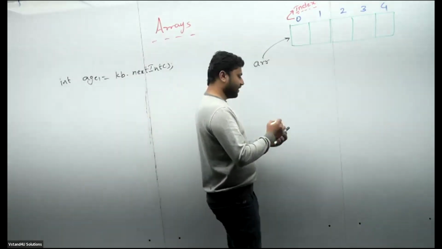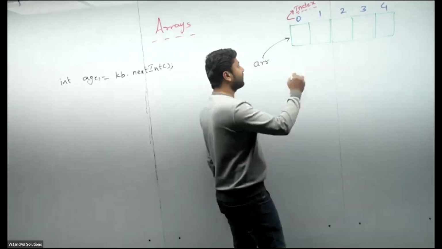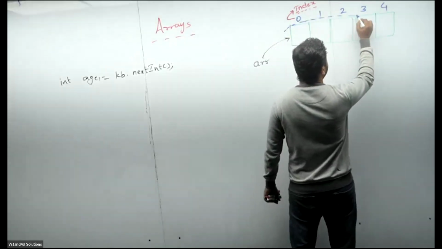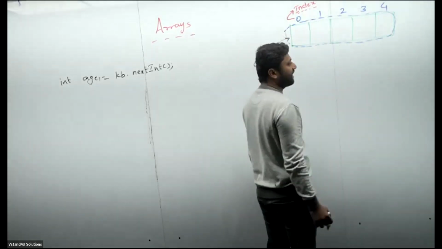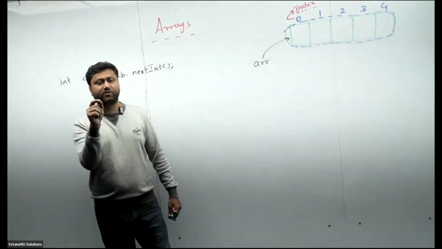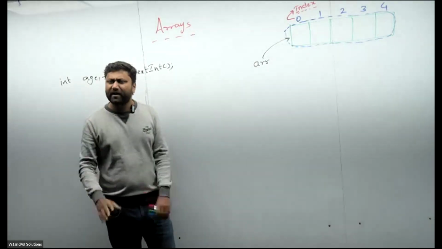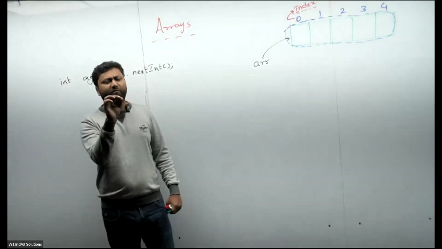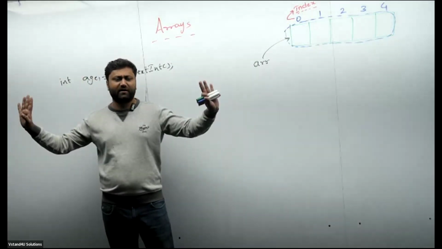Sir, just now we heard arrays are non-primitive. Are you telling me these are nothing but objects? Every array is an object? Yes. In Java, anything apart from the 8 primitives is an object.